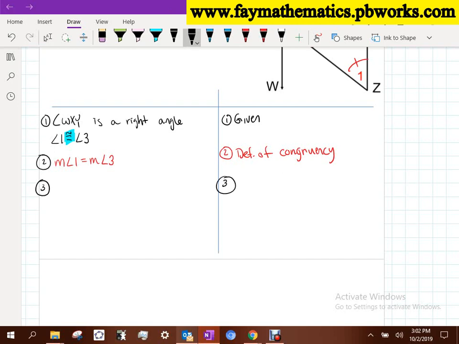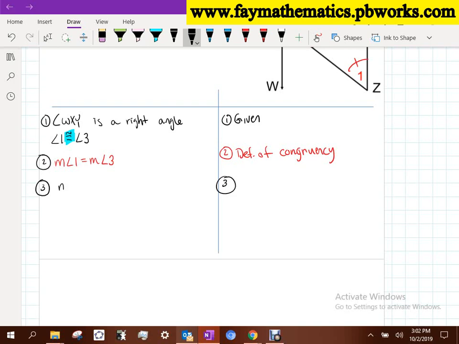All right, so step 1 and step 2 on that handout are done. Now we get to step 3, which says vocabulary words, right? Are there any vocabulary words in our given statement? Right angle. So let's write down what right angle means to us. Now we got to be specific for our problem. So which angle is a right angle? WXY, right?